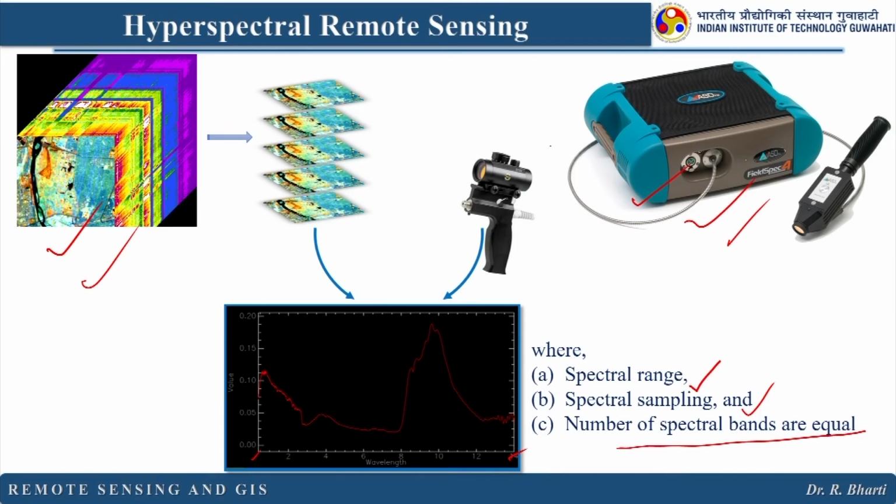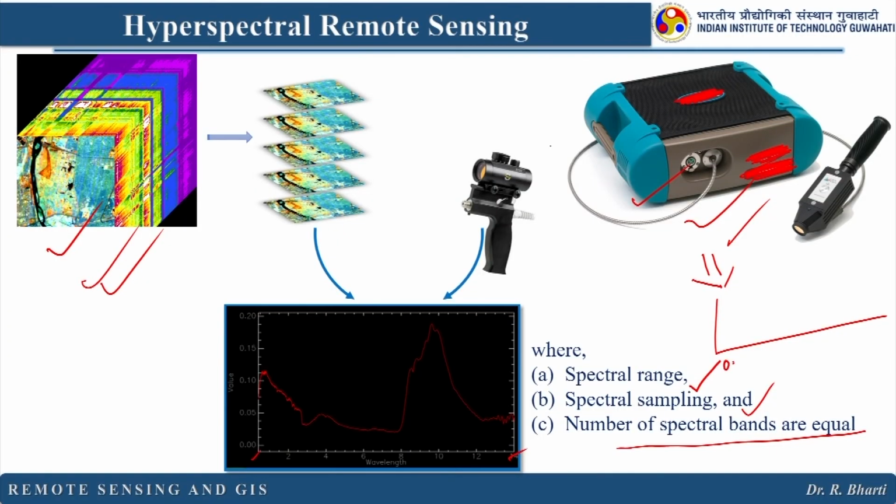Now, sometimes it happens that with this field instrument you may acquire more information than this space based measured data, right. So, assuming this instrument is capable of giving the spectral response from 0.35 to 2.5 micrometer, and this is a hyperspectral image which has been captured between 0.4 to 1.5 micrometer, right?